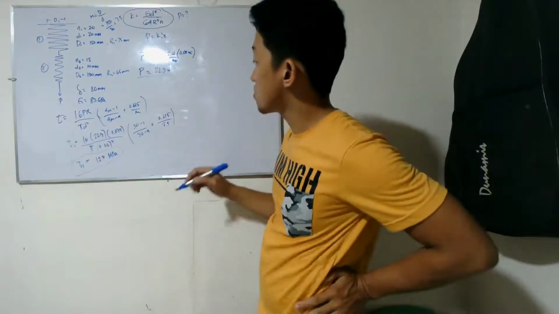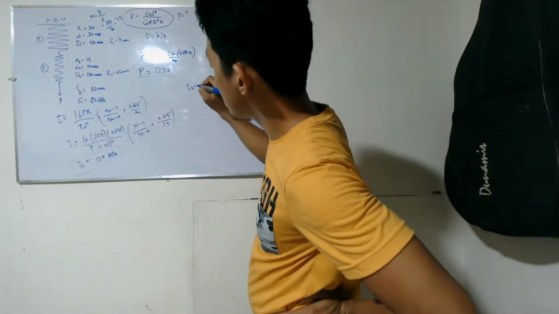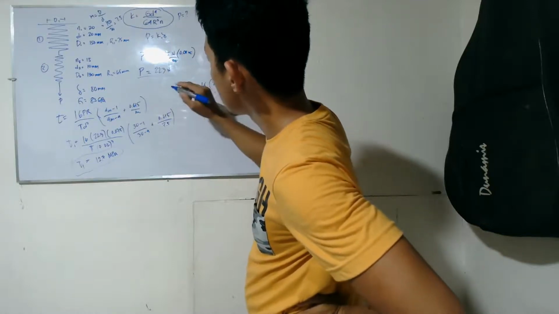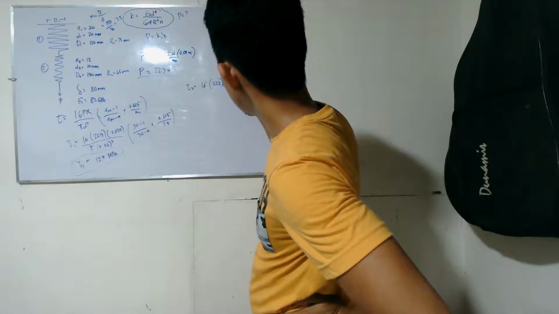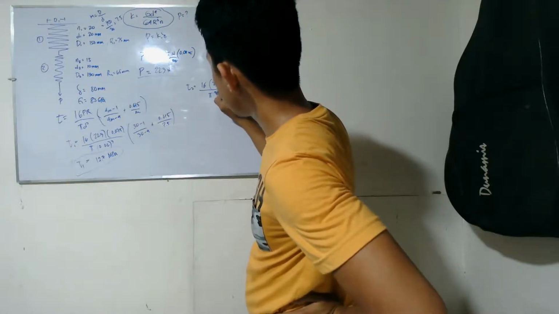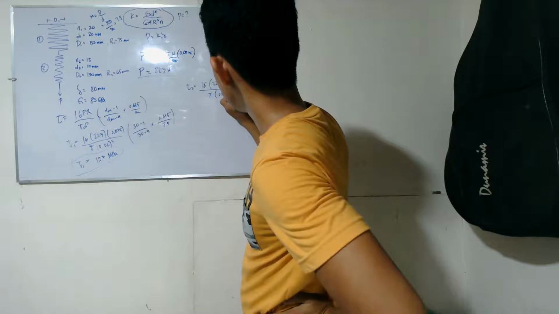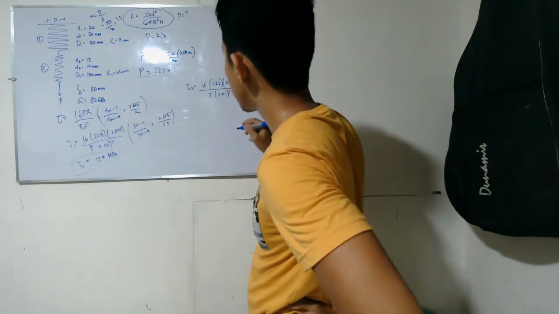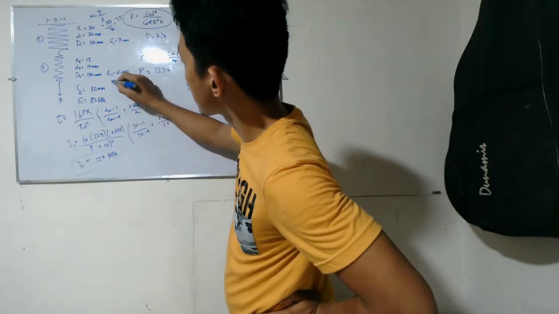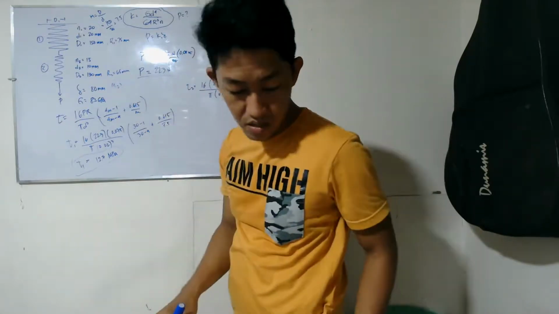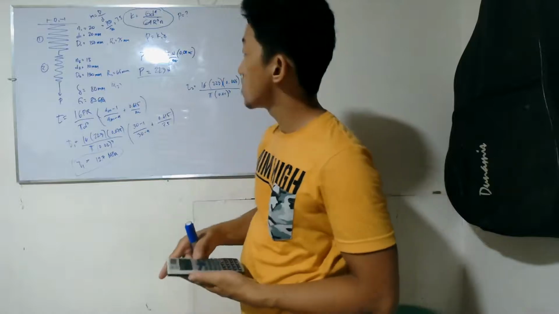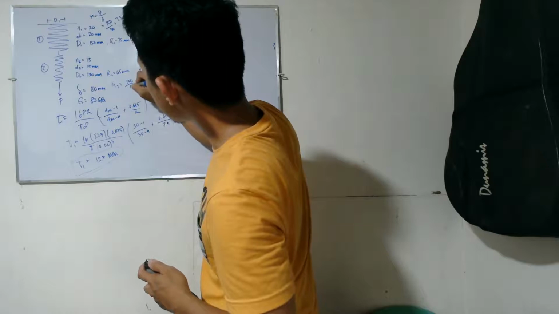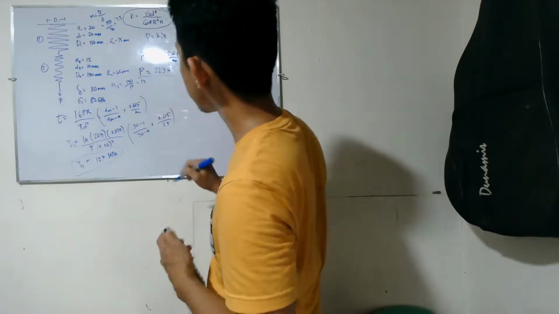Next, for spring 2, you have 16 times 223.065 over pi times d, 0.01 cubed, times m for spring 2. Its m is 130 over 10, so this is 13.